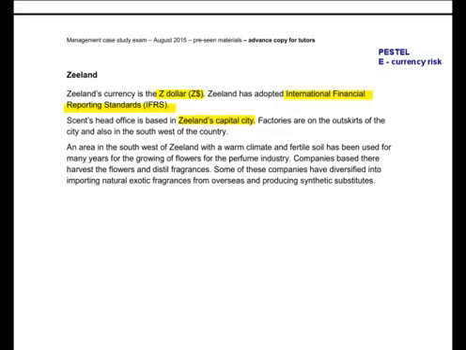Now if you were to take the UK, the fact that a company is based in London over a more rural part of the country usually means that it's opening itself up to a larger pool of staff, a larger pool of talent. So that is a good thing as well.